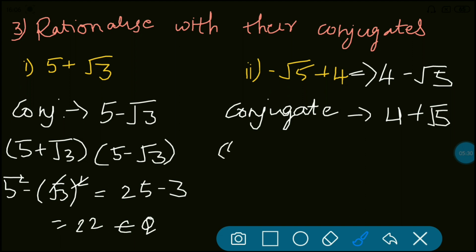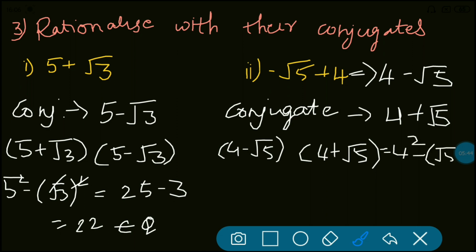Now 4 minus root 5 multiplied by 4 plus root 5: a minus b into a plus b is a square minus b square. So 4 square minus root 5 whole square. The square and root will get cancelled. 4 square is 16 and 5 stays as it is, and the answer is 11, which belongs to the rational number set.